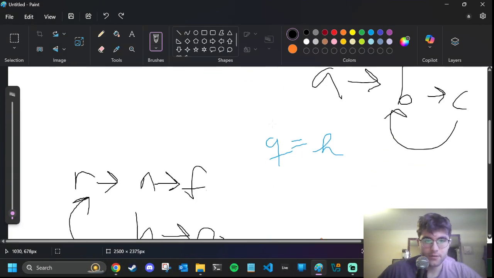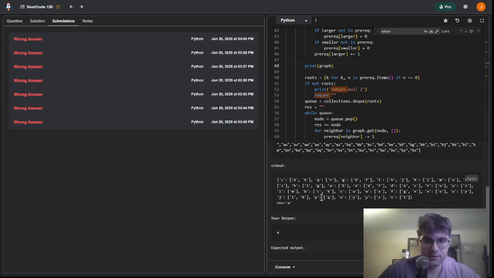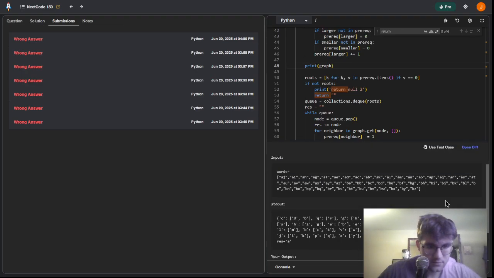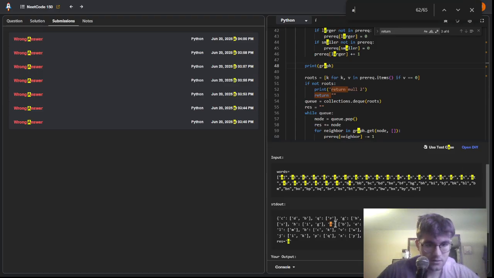So I'm not going to draw out the whole thing, but I do want to see the gist of it. So I'm guessing A is not even in there. No, A should be in there, because the graph is pointing to things that are bigger. So A should be in here. And it should point to J and I. Yeah. Or it just points to B. A points to B right here.